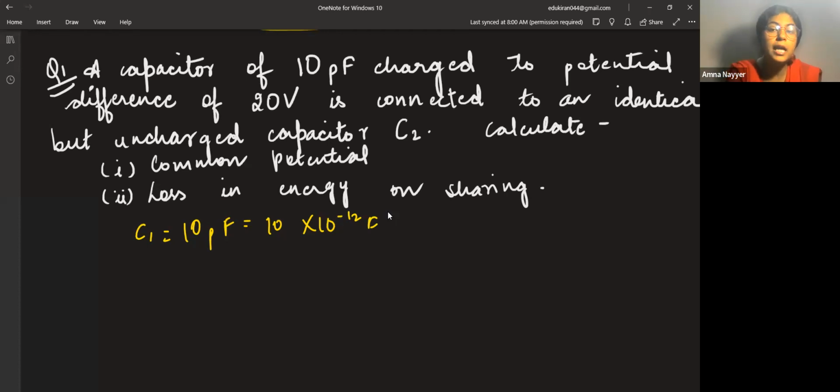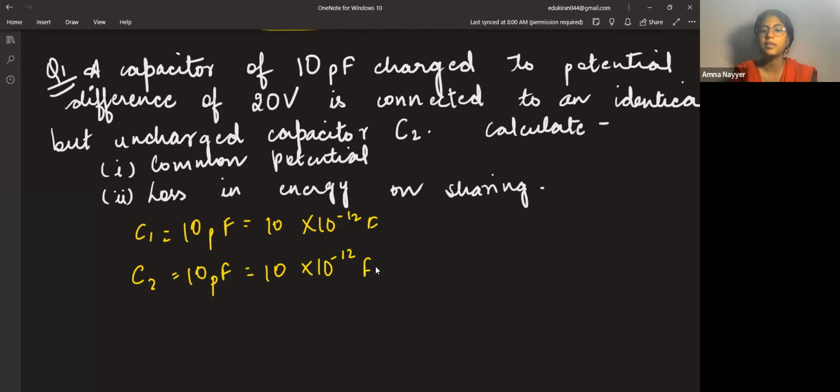Now it is saying the second capacitor is uncharged, but it's identical. What is the question giving as a hint? When it says the capacitor is identical, it means the value of capacitance is the same. So C2 is also 10 picofarad, that is 10 into 10 to the power minus 12 farad.